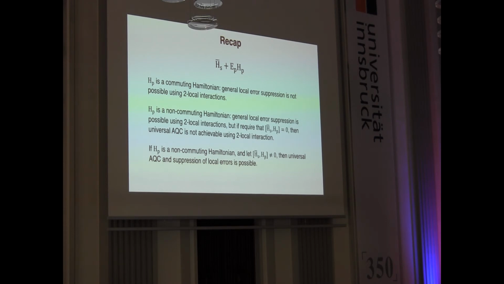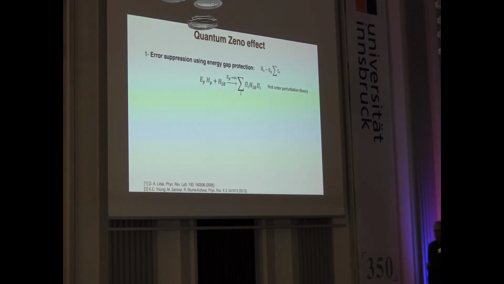Okay, so till now, I've been talking about different things that we can achieve using subsystem codes. Now, very briefly, I would like to broaden the picture a little bit and talk about more general subsystem codes and quantum Zeno effects.